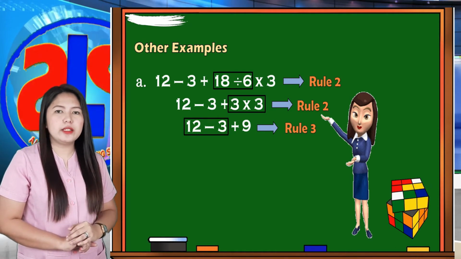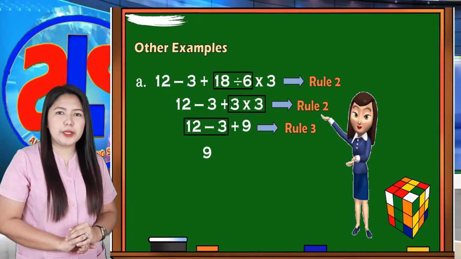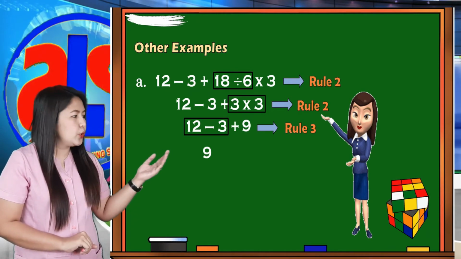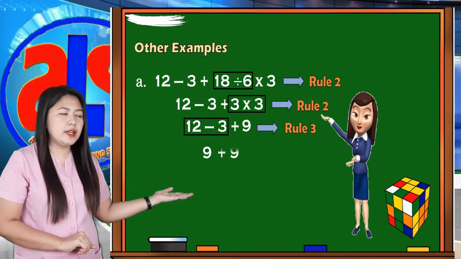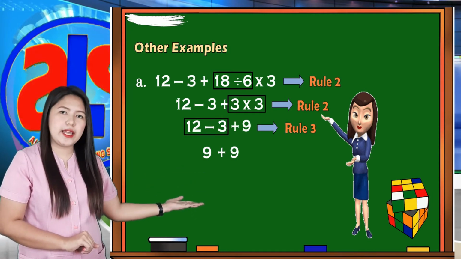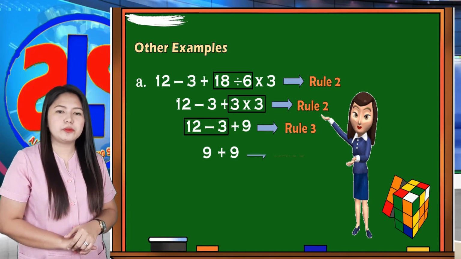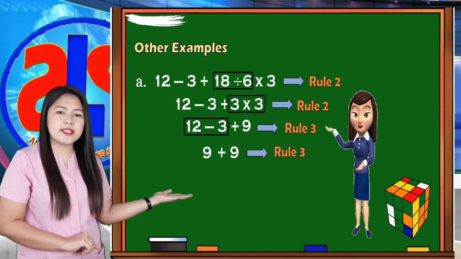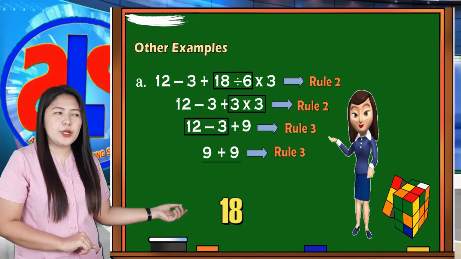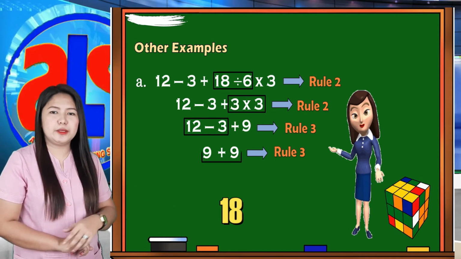Since nauna si subtraction, magsasubtract muna tayo bago tayo mag-add. 12 minus 3 is 9. Bring down 9 plus 9. And that is rule number 3. Lastly, 9 plus 9 is 18. So our final answer is 18.